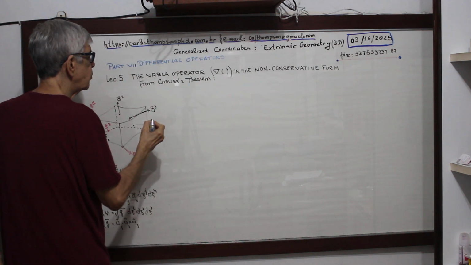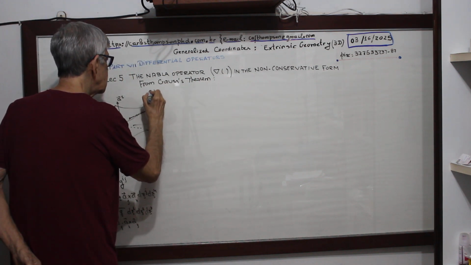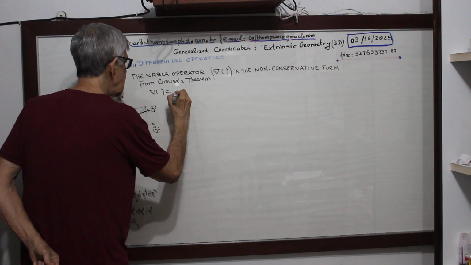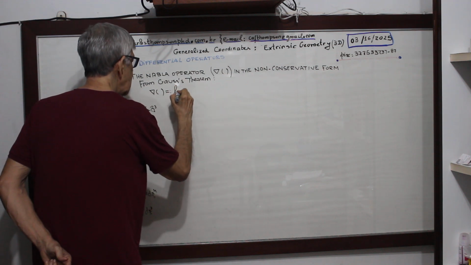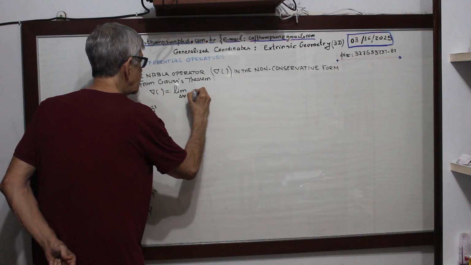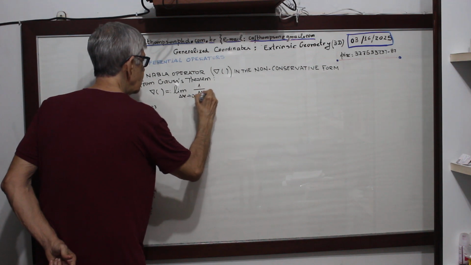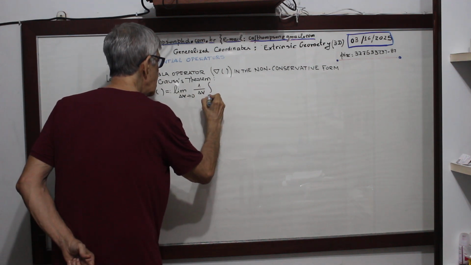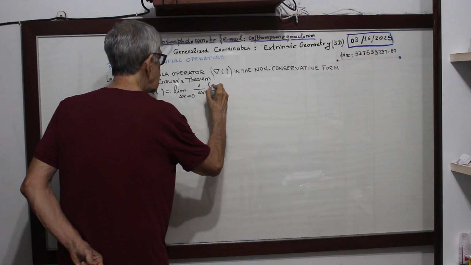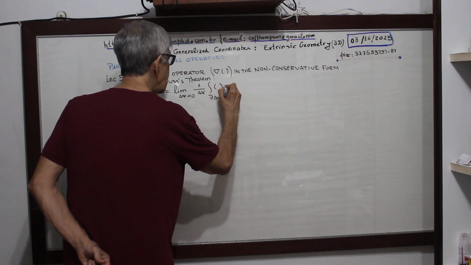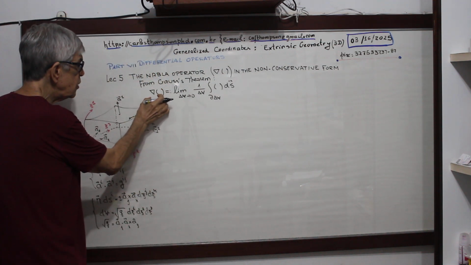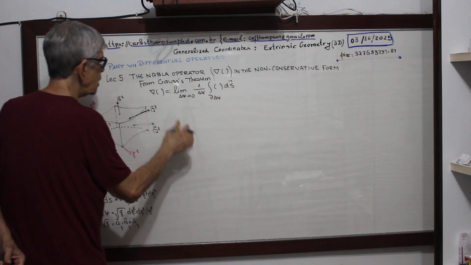You can write: this operator here is defined as the limit, as delta V goes to 0, of 1 over delta V, attention, the integral on the boundary of delta V of this times dS. You can see clearly that this is a vector.